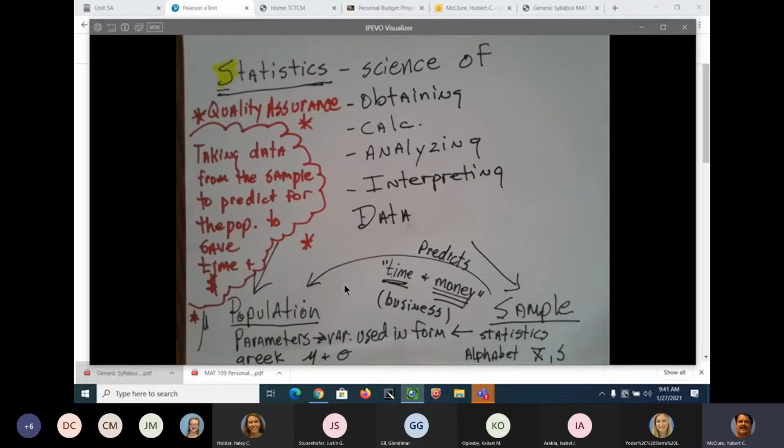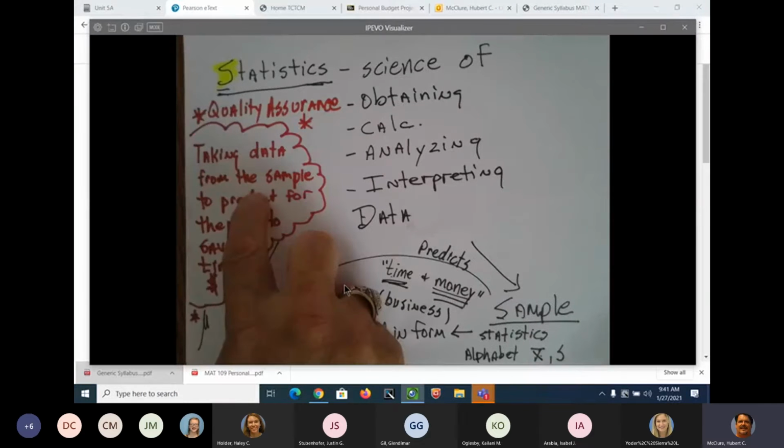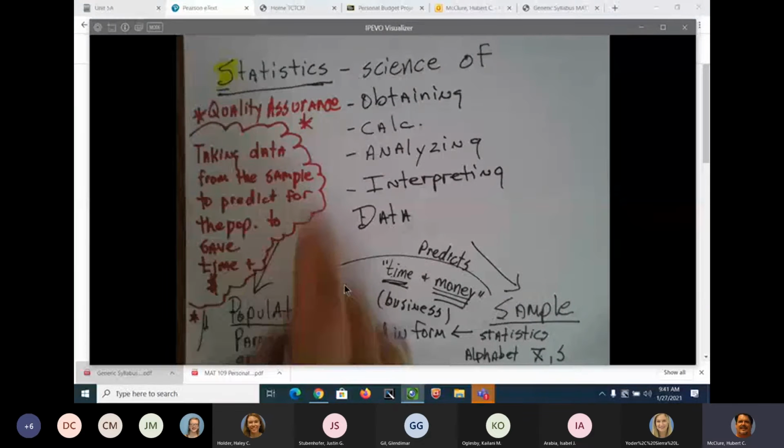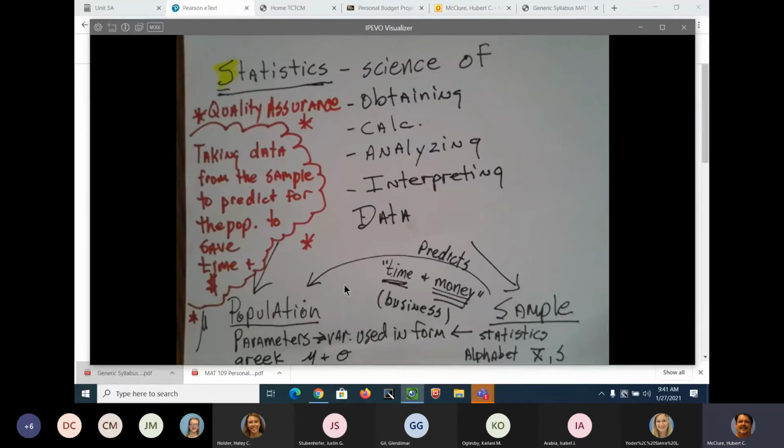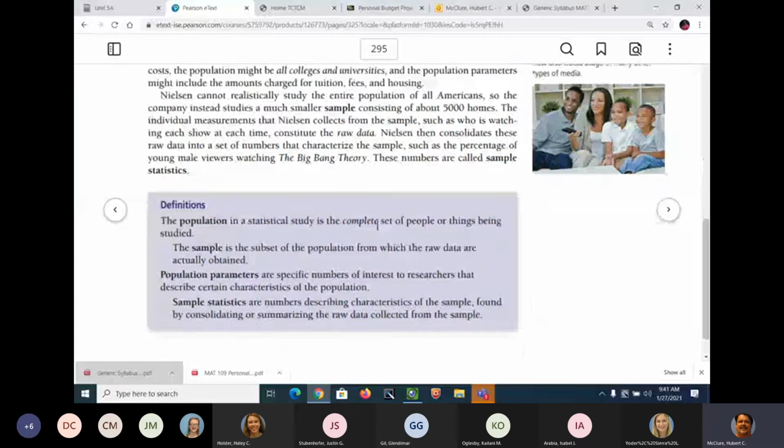Has anybody ever sat through a probability and statistics course and didn't know this right here? I bet you have. Okay, I'll shut up. Let me move on. Where is my, there we go. We already talked about that.